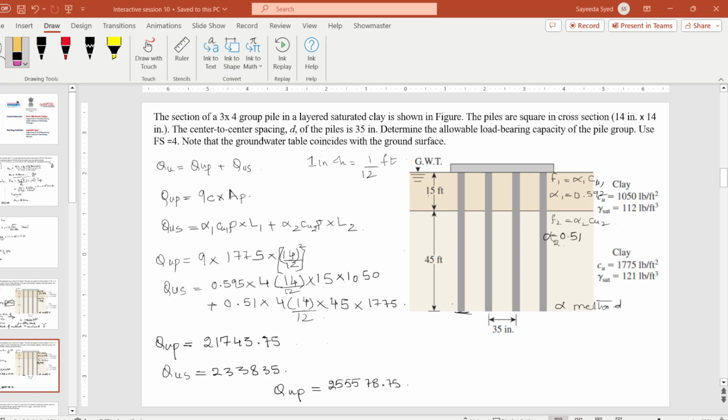So this will be in pound, and will be 255.58 kilo pound.